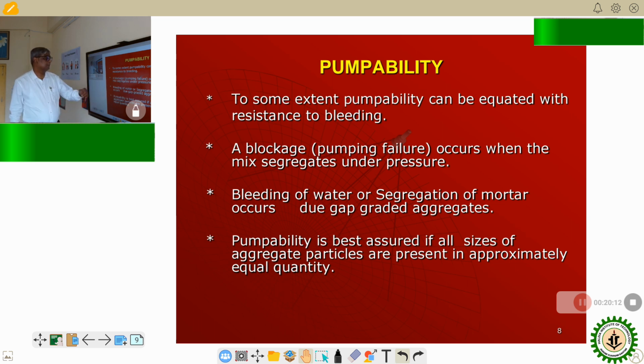Then the bleeding of water or segregation of water occurs due to gap graded aggregates. So we should not use gap graded aggregates for pump concrete. And regarding pumpability, common sense is that if all the sizes of particles are uniformly distributed or well distributed, then you should get better pumping concrete.